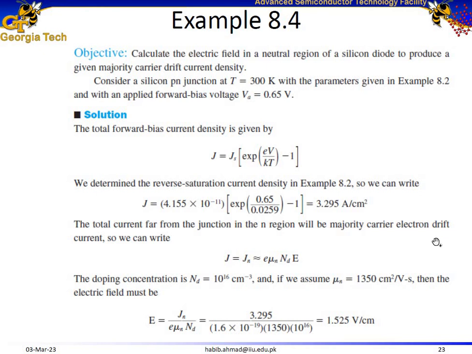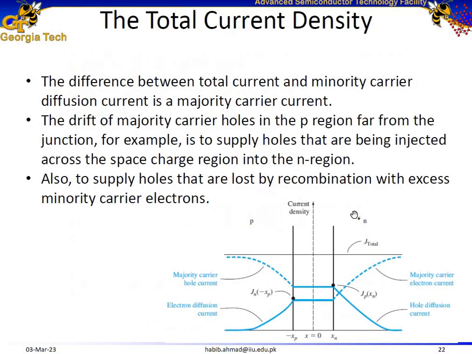So I got connection on the side computer once again as well. Okay, we found out the total current density and we have to calculate the electric field. As I already told you, the total current density is constant throughout the p-n junction.